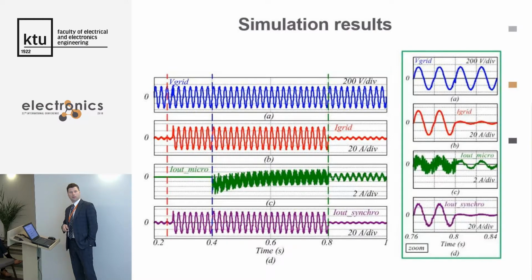And the last case, when load demand is reducing, here microinverter is still working and helps the synchroinverter, but since the load drops, grid current also drops, and the sum of both is the grid current.